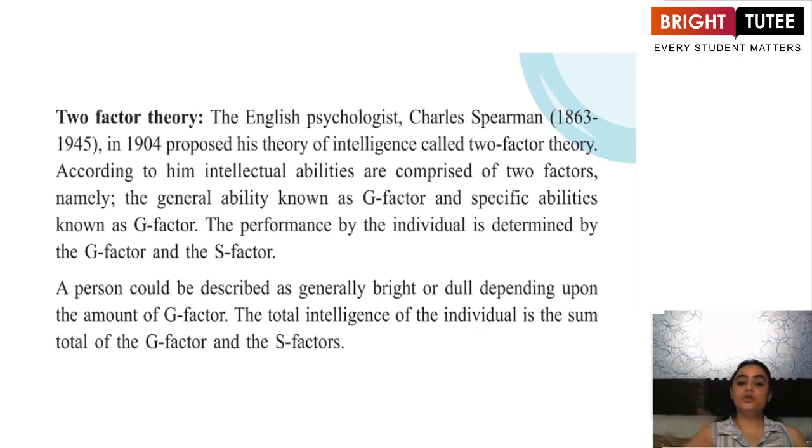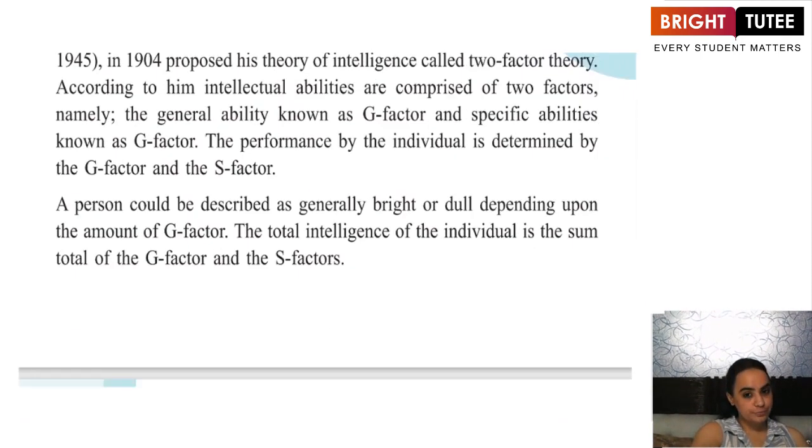However, the total intelligence of a person is the combination of both G as well as the S factor. So the basic level of intelligence is your G factor. And whatever additions you make to your G factor by adding new knowledge, adding new information, that is your S factor. And your total intelligence is a combination of both.